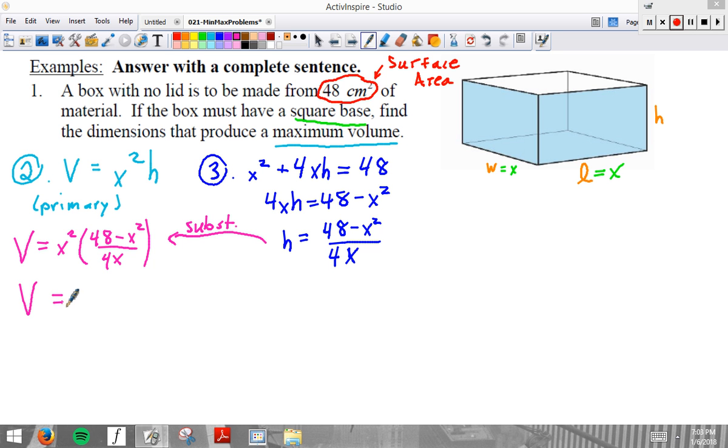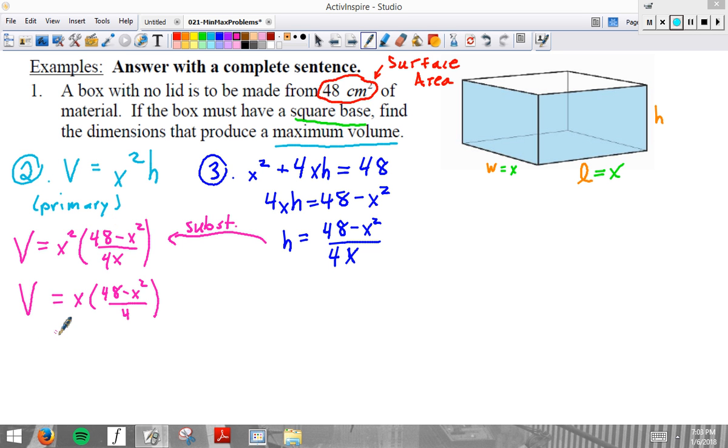And we simplify this pink equation to x times 48 minus x squared over 4, canceling out the x's, or dividing out the x's.